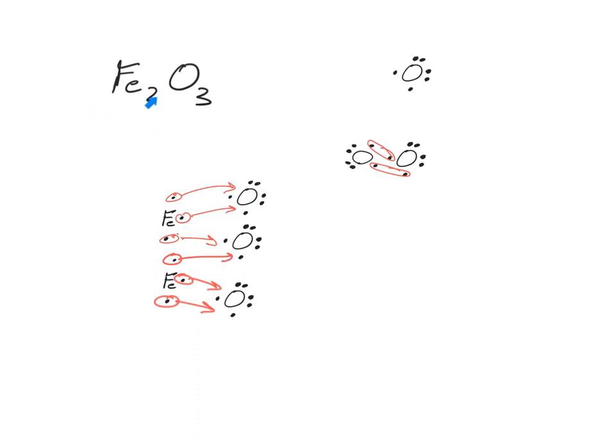So this combination is what we call a formula. And this is the formula for this ionic compound. Now, you don't know what an ionic compound is yet. You don't know the rules of how these atoms all combine, and you don't even know what an electron is. We'll learn about all that next week.